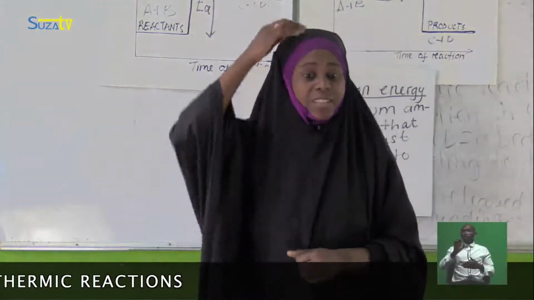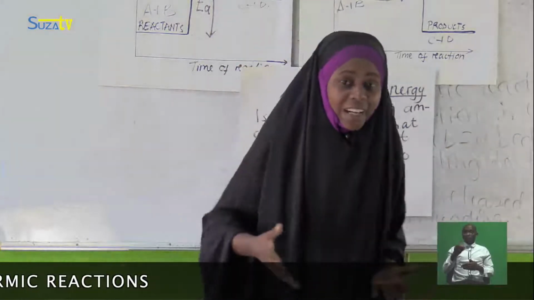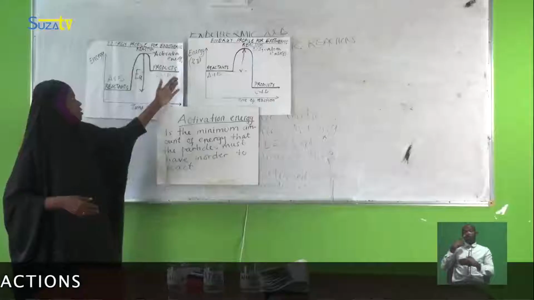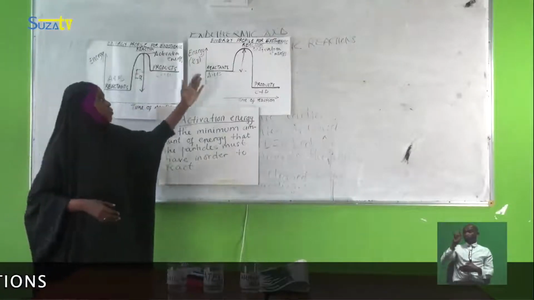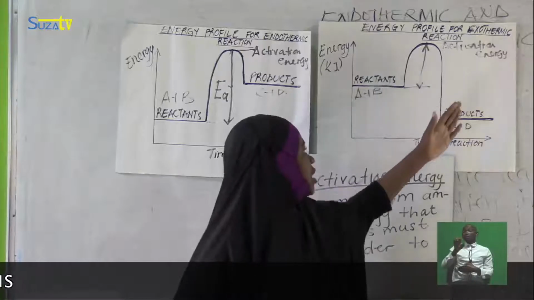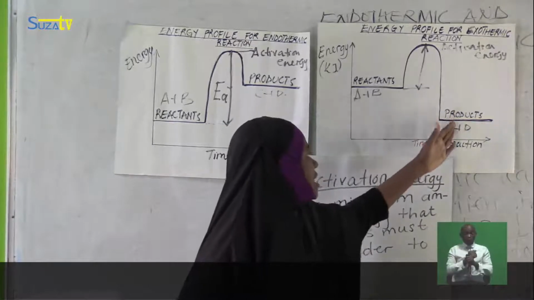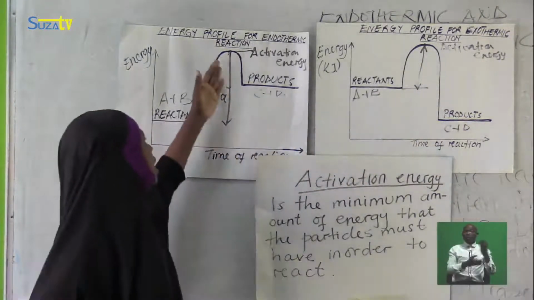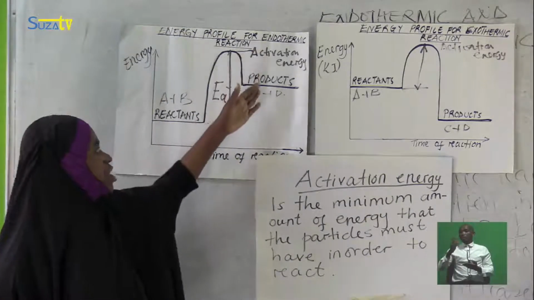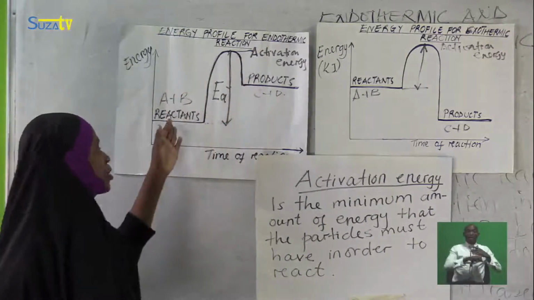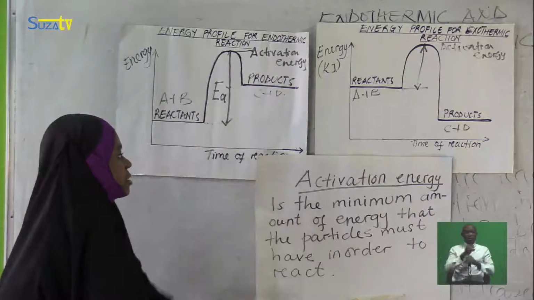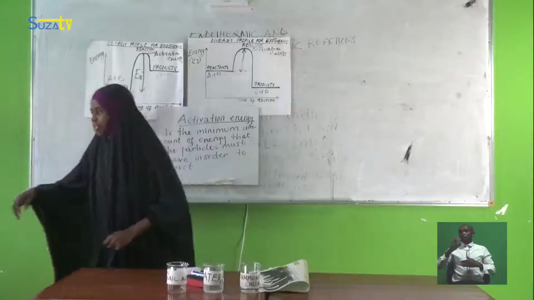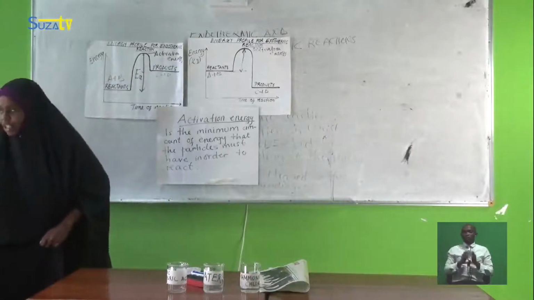And then we have seen the energy profile diagrams. We have seen the features of the energy profile diagram, in which in an exothermic reaction we have much less energy in the products compared to the reactants, whereas in an endothermic reaction we have much more energy in the products compared to the reactants.